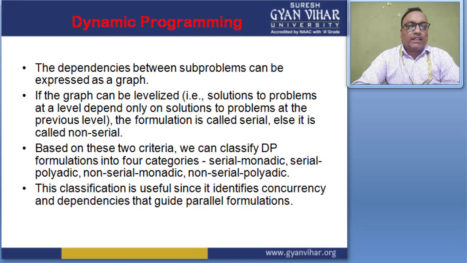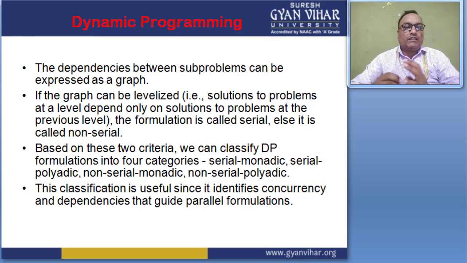This classification is useful since it indicates the concurrency and dependencies of the problem, and it also guides parallel formulation methods, right? So here are the four formulation methods: serial monadic, serial polyadic, non-serial monadic, and non-serial polyadic. These are the four types of case.